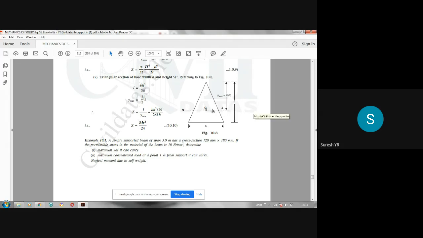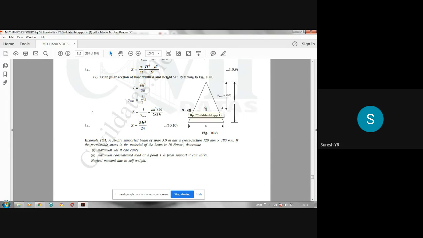So from the centroid, the neutral axis, the farthest fiber is on this side, not that side, because this is H by 3. You know that this is H by 3, this is 2H by 3. So the farthest fiber is at 2H by 3. Here y max becomes 2H by 3. I is BH cube by 36 about the centroidal axis.